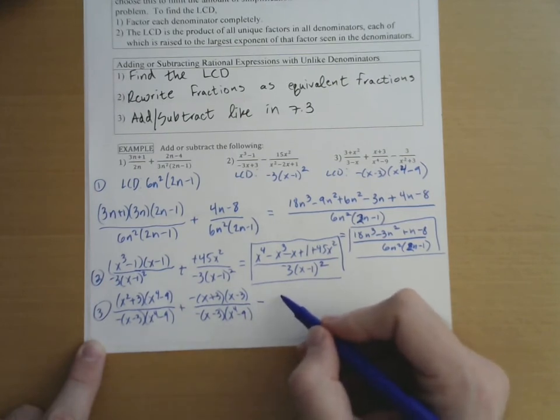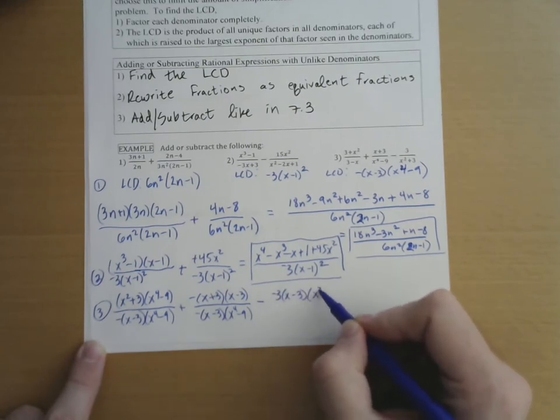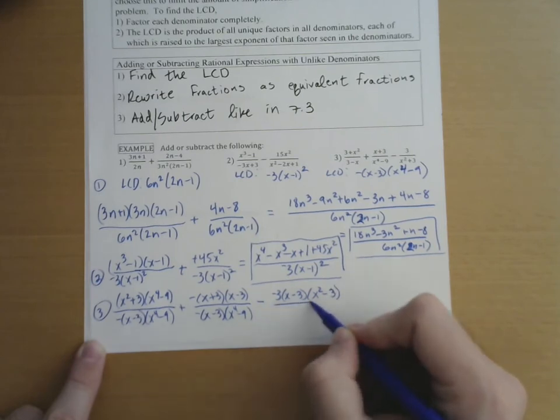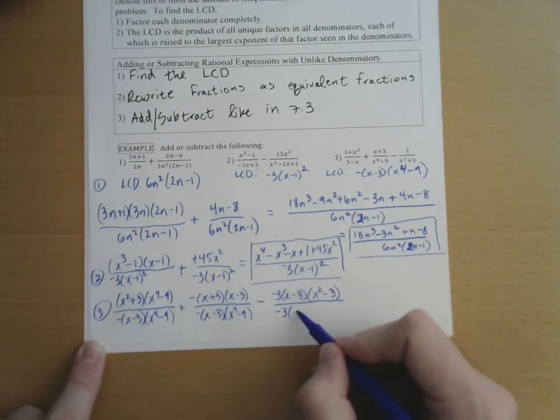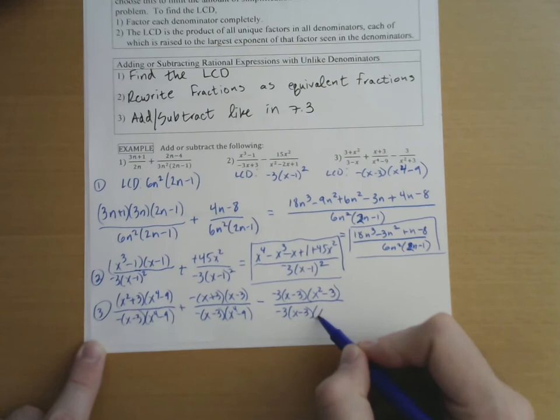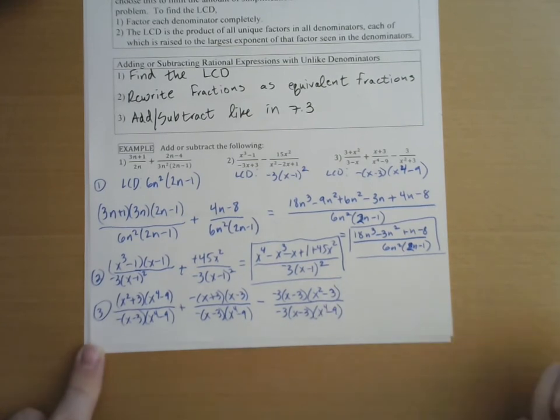And then finally minus negative 3 times x minus 3 times x squared minus 3 all over negative 3 times x minus 3 times x to the fourth minus 9.